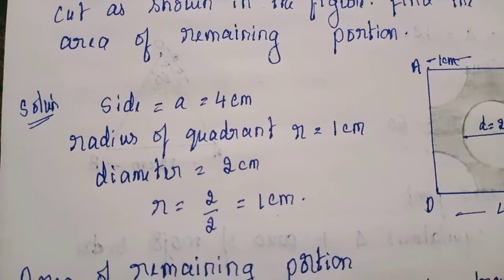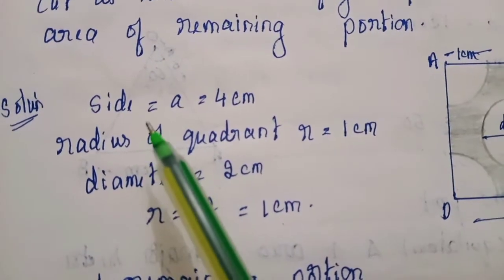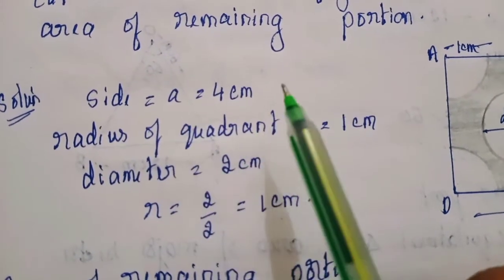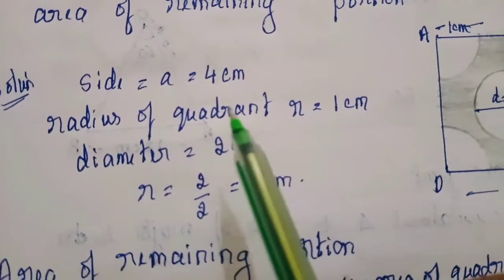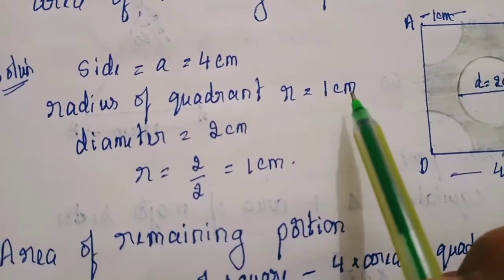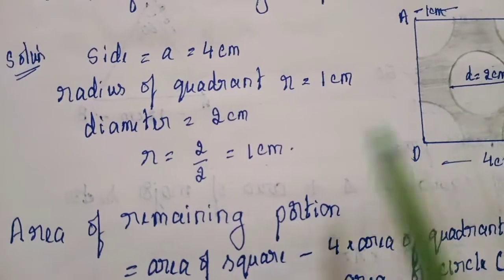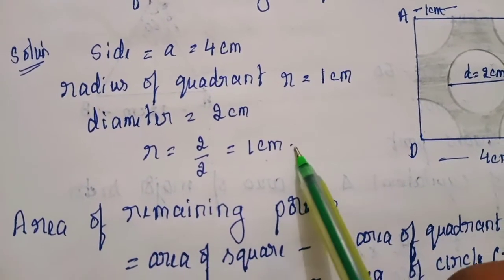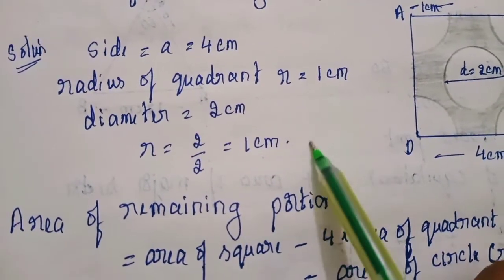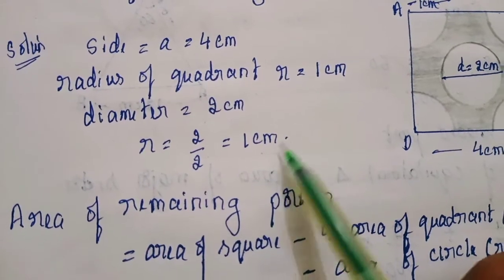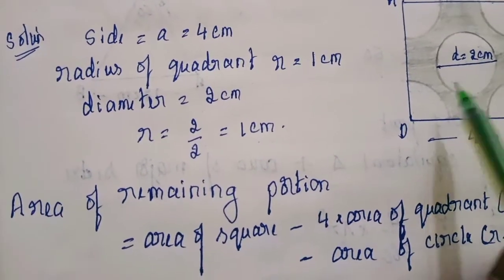Now let us start. The data given: side of the square is 4 cm, radius of the quadrant is 1 cm, and diameter of the inner circle is 2, so radius becomes 1. So the quadrant radius and the circle radius are both the same, and we now have 2 circles.